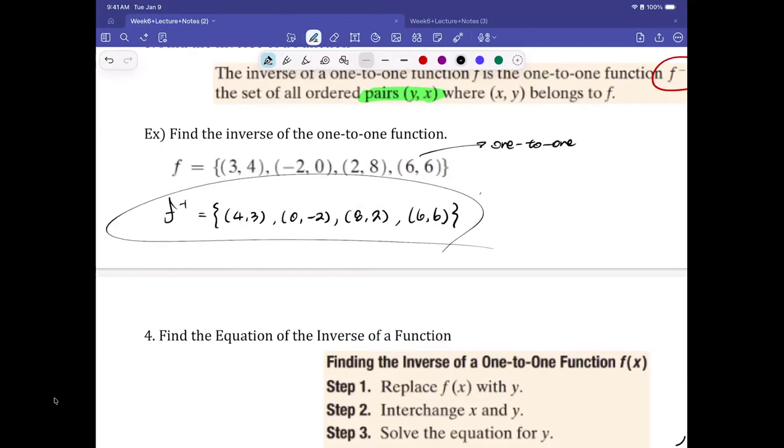That's the inverse. Just change x and y. Very, very simple. So you can look at all the ordered pairs and then find the inverse.